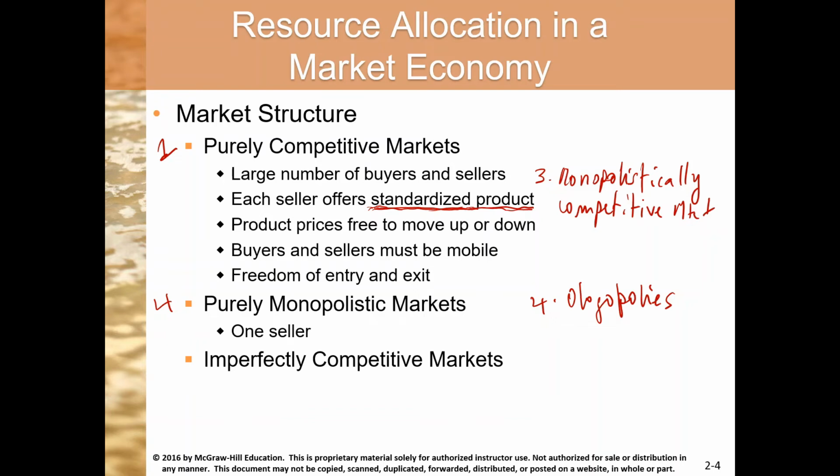And so most of what we buy is produced in the monopolistically competitive market. In monopolistically competitive markets, that's where somewhat differentiated products are sold. We have a large number of buyers and sellers, but the products are differentiated. So I covered these three. Product prices are free to move up and down. We have that in most of the markets that we shop in. But again, prices don't always move up and down over time.